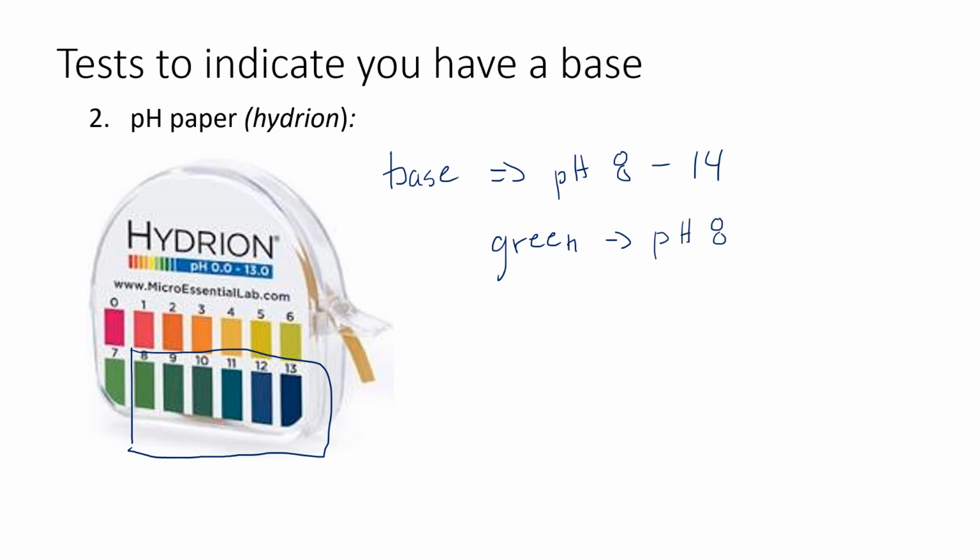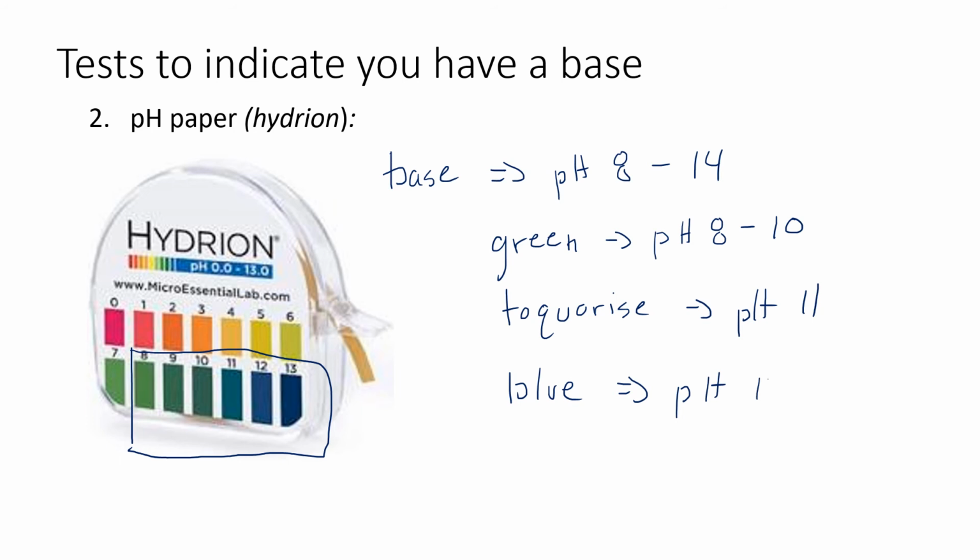So we're looking at pH 8 to around 10. If I have turquoise, we're looking at around pH 11. And if I have blue, that can be anywhere between pH 12 to 14. So with our pH paper, again, not only does the color change tell us that we have a base, but it also tells us what the pH level of our base is.